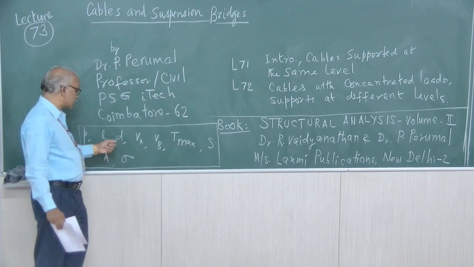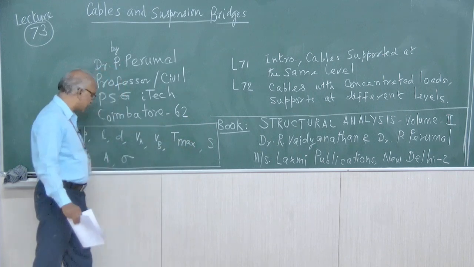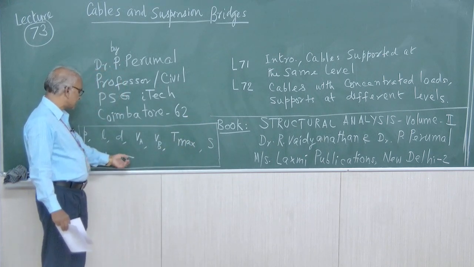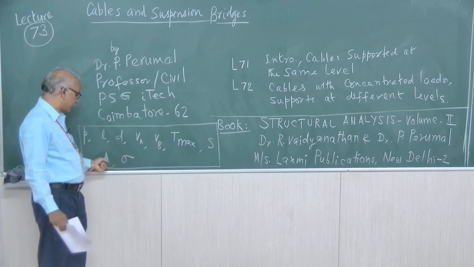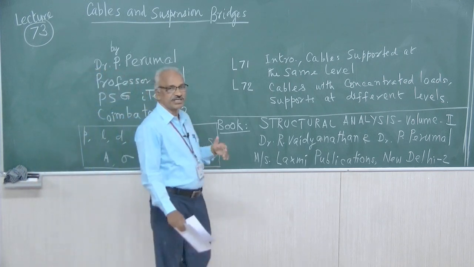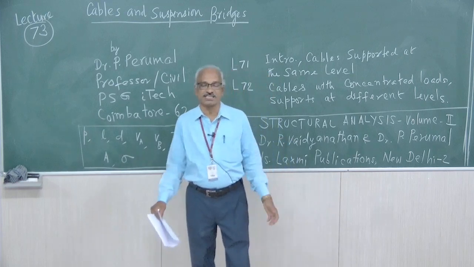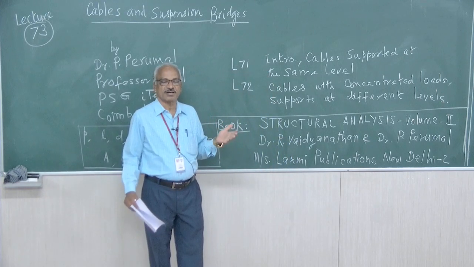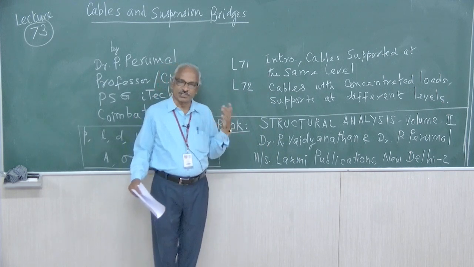So using this, how to find out the length of the cable S, and of course if stress is given, how to find out the area of the cable. So these are the different parameters that will be involved in the analysis of cables without stiffening. We have done something on cables without stiffening girders.